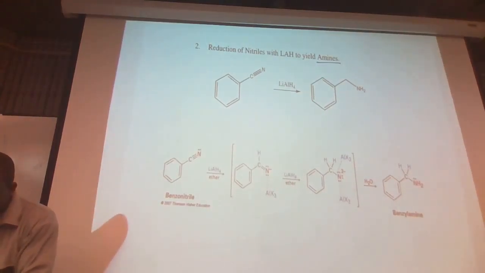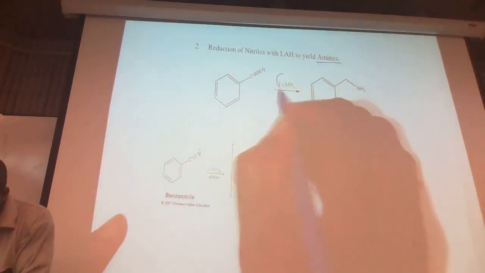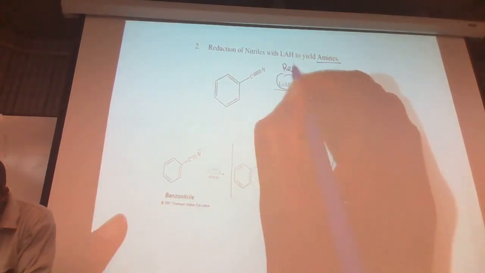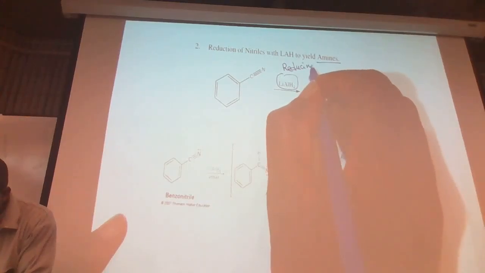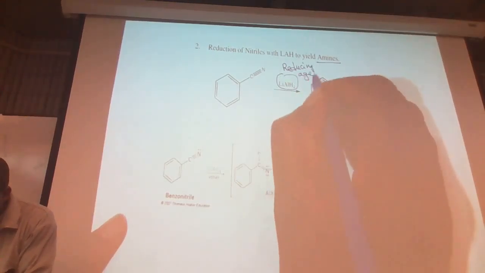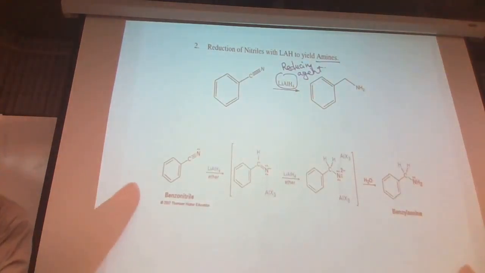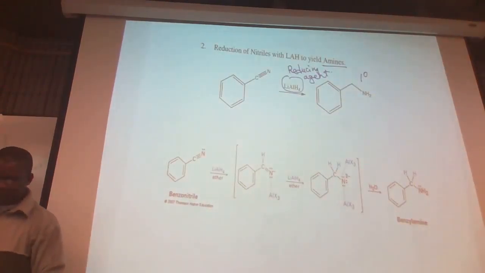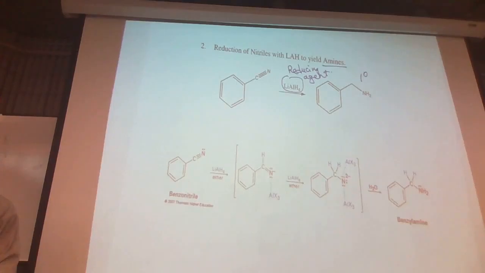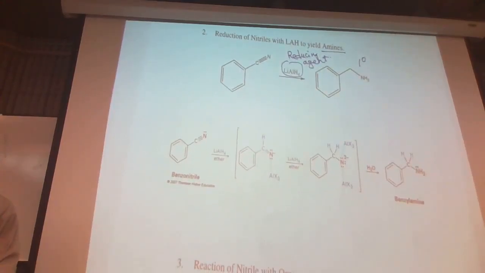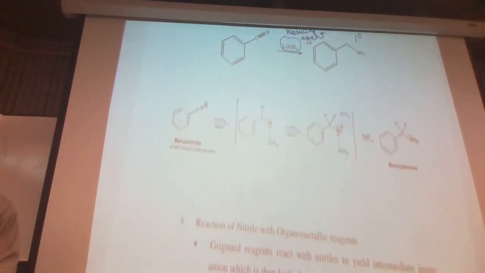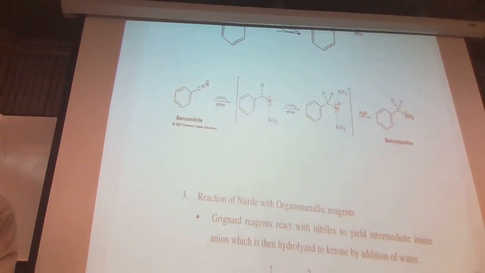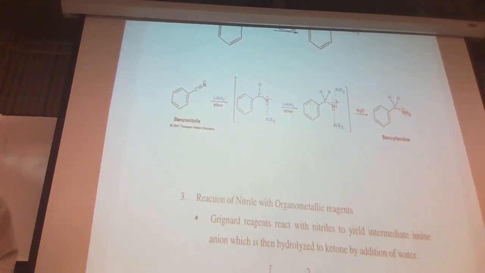So when you reduce your nitrile with lithium aluminum hydride, that's the reducing agent, you'll form your primary amine. So this is primary amine. The mechanism, I think, you can try to look at that and try to understand that. That's very easy. So that will give you primary amine.